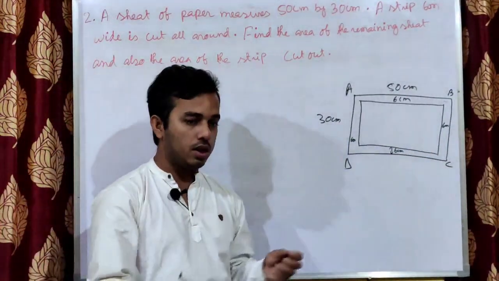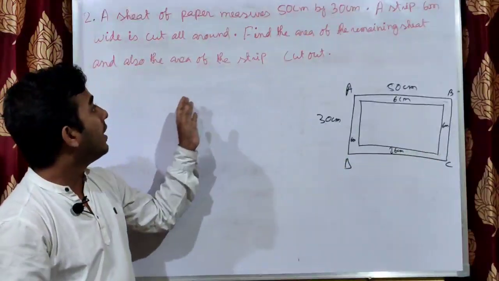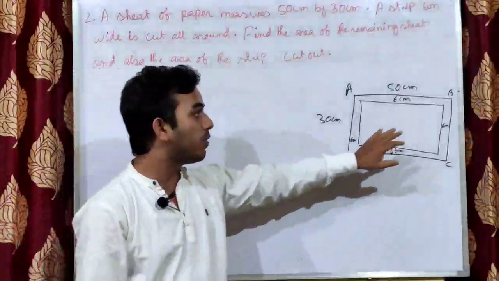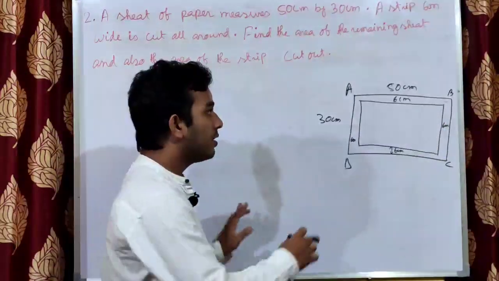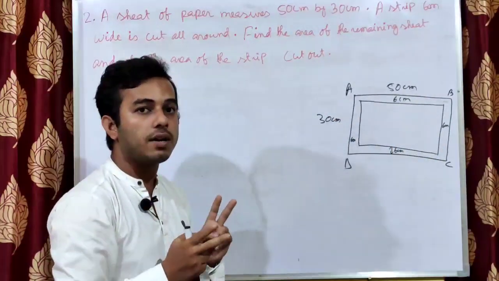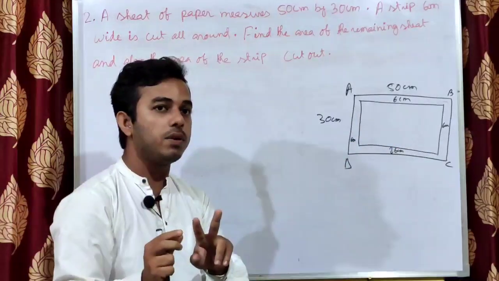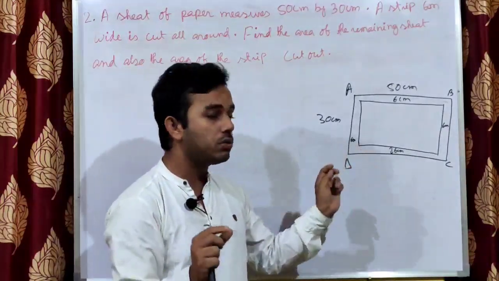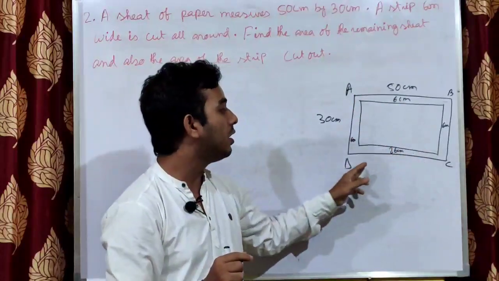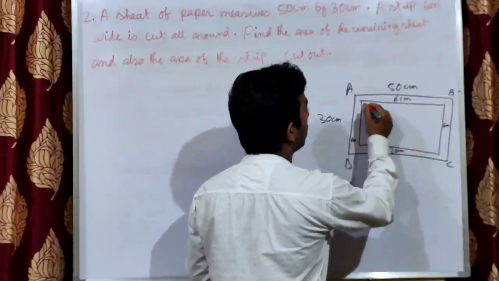Okay, we have cut down this strip, right? Find the area of the remaining sheet and also find the area of the strip cut out. So we have to find the area of this sheet, right? Consider this is our actual sheet, that is A, B, C, D. Now from this, if we cut a strip all around, that means from all the sides, a piece of that paper whose width is 6 centimeter, our paper ABCD will be transformed to PQRS, right?